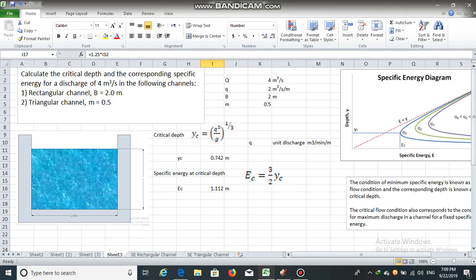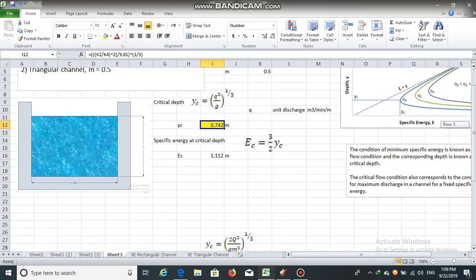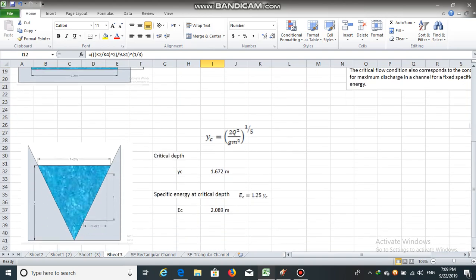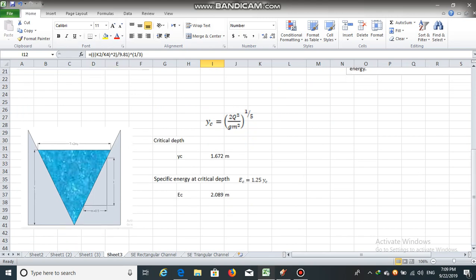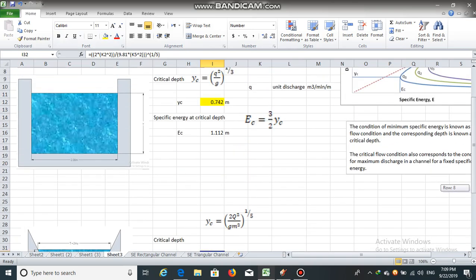So for rectangular channel, the critical depth for a discharge of 4 meter cube per second is 0.742, and for triangular channel with side slope of 0.5:1, the critical depth is 1.672 meters.